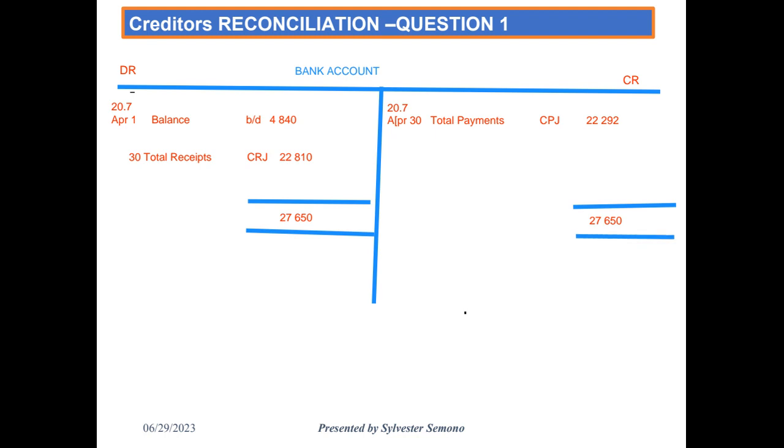What is the difference? The difference is 5,358.